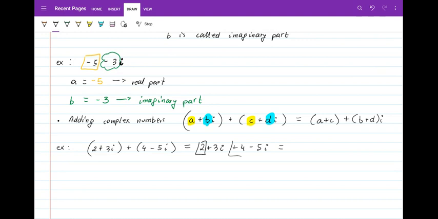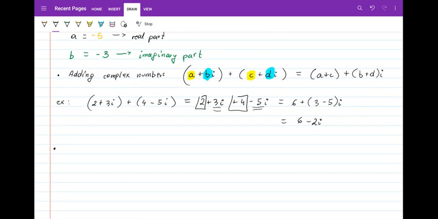We're going to add real parts. So we have 2 plus 4, that will give us 6. And we're going to add imaginary parts. So imaginary parts are positive 3 and negative 5. So we have plus 3 minus 5. They both have I, so factor that I outside. So we have 6 minus 2i.